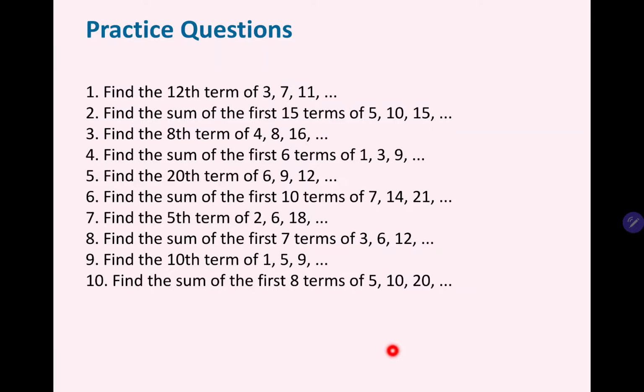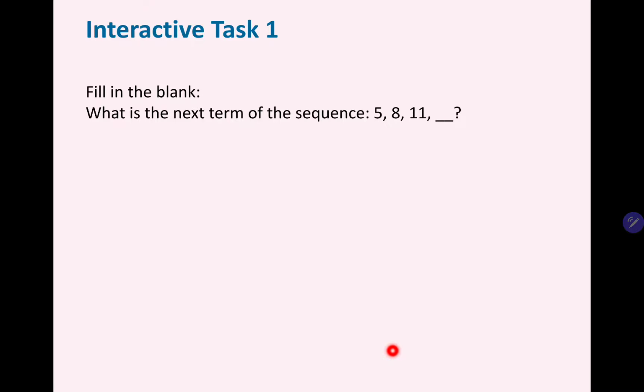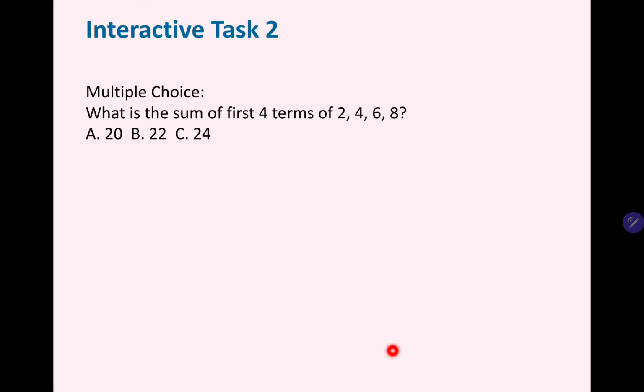Feel free to pause the video at any time to solve the questions. Let me see your thoughts in the comment section. We have an interactive task as usual. Feel free to pause the video and solve at your own pace. Number 2, this is a multiple choice question.